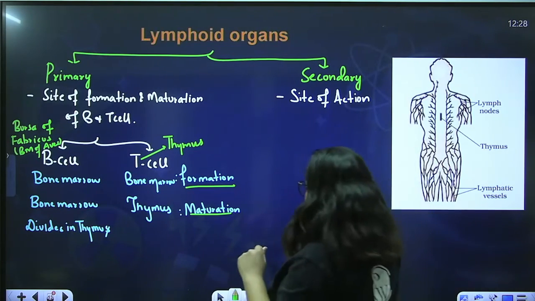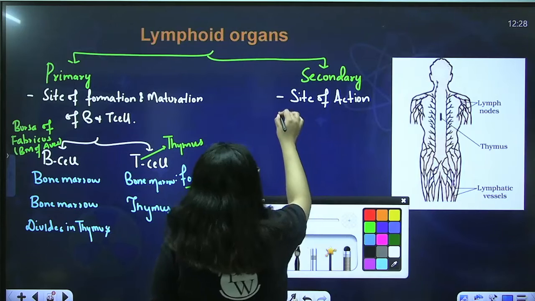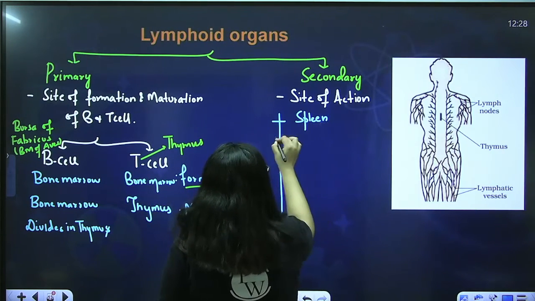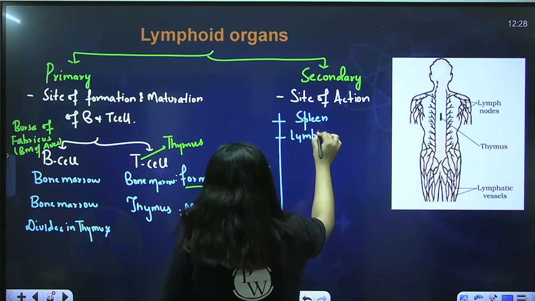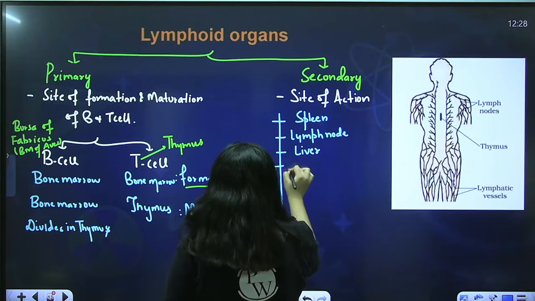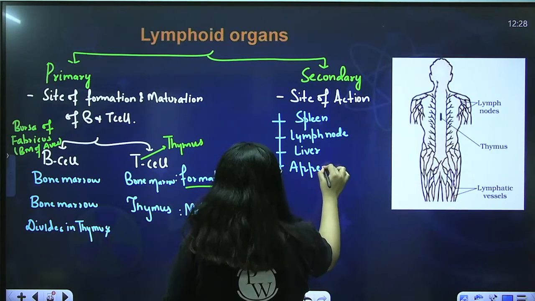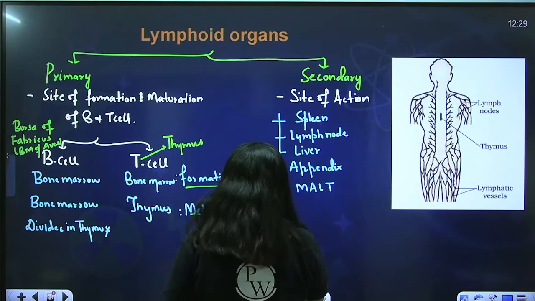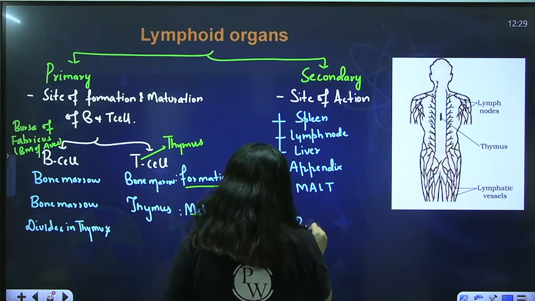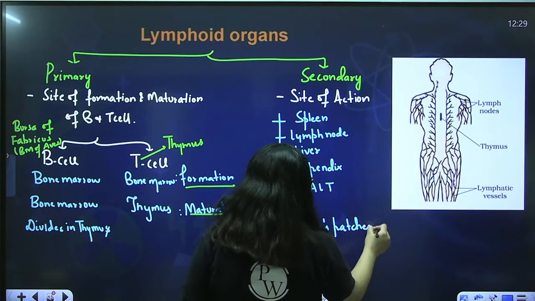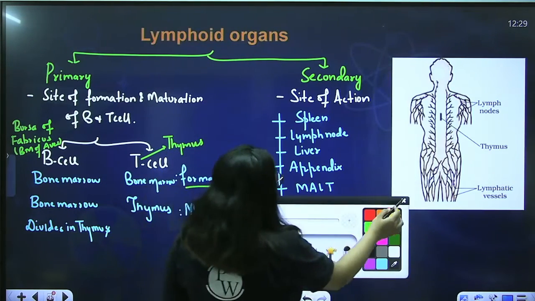Now what are the various secondary lymphoid organs? We have various types of secondary lymphoid organs. We have spleen, we have lymph node, we have liver, we have appendix, we have MALT, we have Peyer's patches. All these are your lymphoid organs. Alright, let me take it one by one.